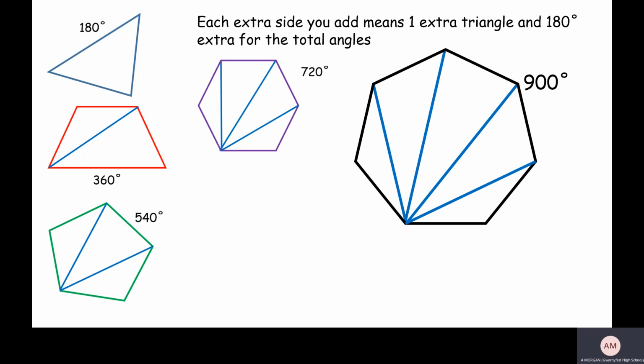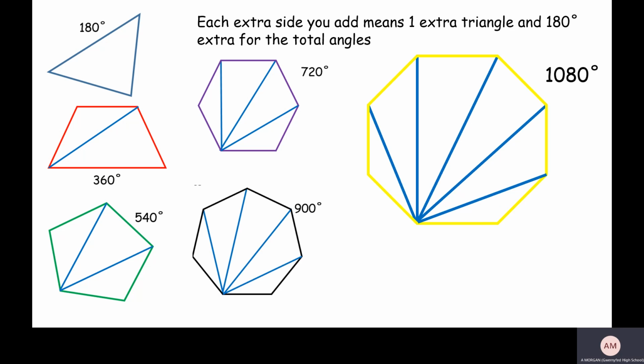A 7-sided shape has got 5 triangles, add another 180 on, because there's 1 more triangle than before, and that makes 900. An 8-sided shape, 1 more triangle than before, so that's got 6 triangles now, so 1080 degrees, or just add another 180 on from the 900 to make 1080.